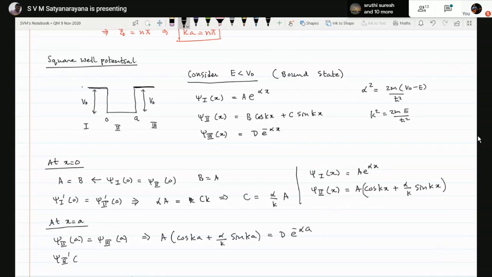Psi 2 prime of a is equal to psi 3 prime of a, which is equal to A into minus k sin ka plus alpha cos ka, because a k will come out, that k will cancel with this k, is equal to minus D alpha e to the minus alpha a.